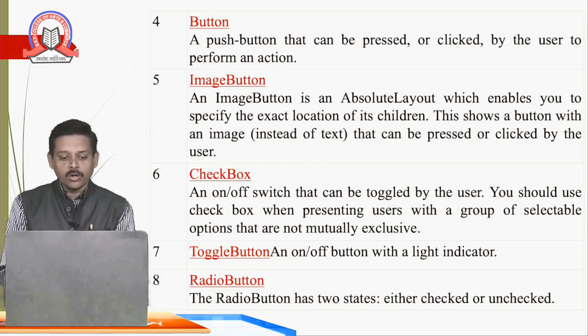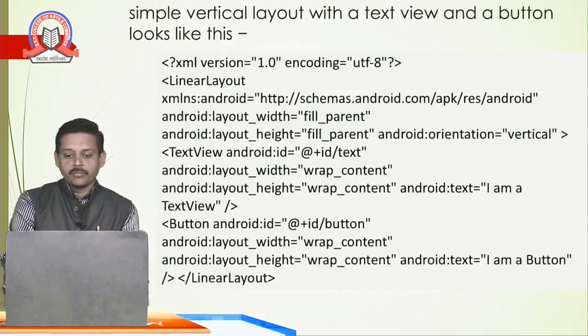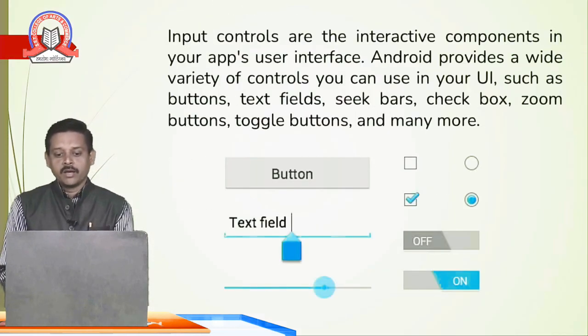Then we have toggle buttons. Toggle buttons are similar to checkbox, but instead of a clickable square rectangle which shows a tick mark, we have a button which contains an on off like keys. Let's see in this image, we have on and off. That kind of button is nothing but a toggle button.